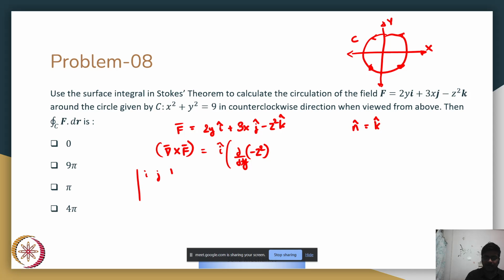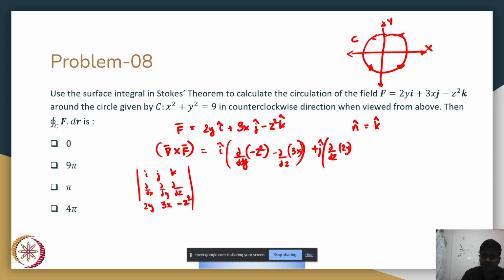Curl of F is the determinant of i, j, k; del by del x, del by del y, del by del z; 2y, 3x, minus z squared. That gives i hat times (del by del y of minus z squared minus del by del z of 3x), plus j hat times (del by del z of 2y minus del by del x of minus z squared), plus k hat times (del by del x of 3x minus del by del y of 2y).